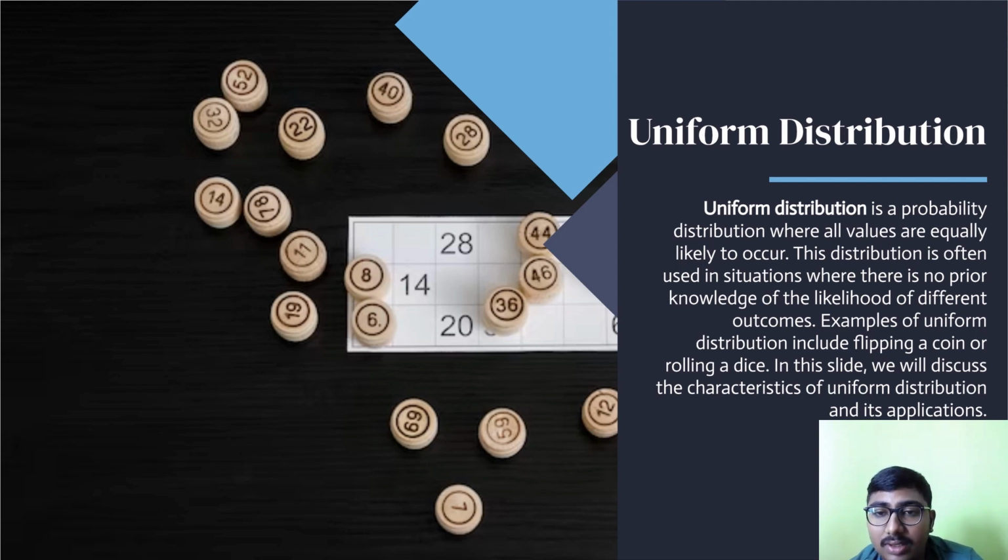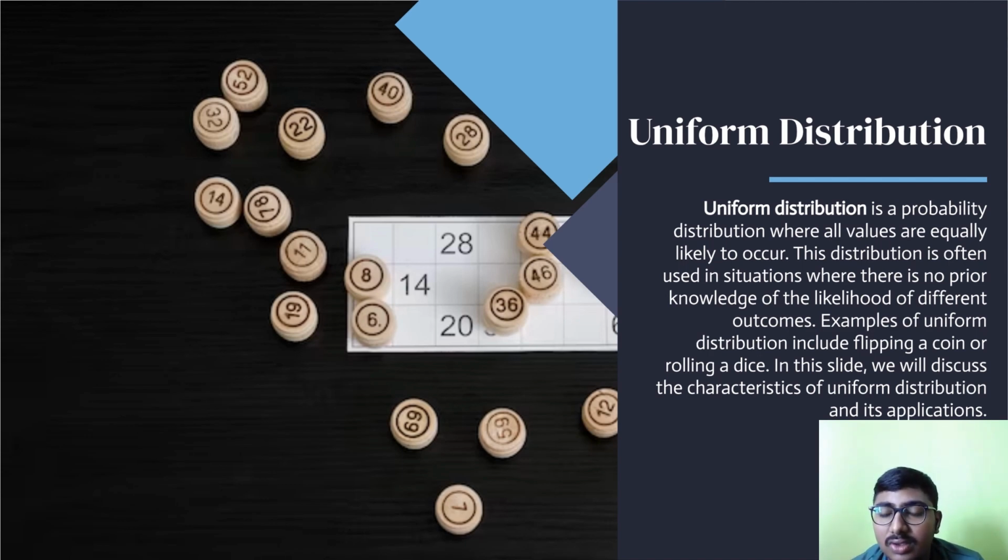The uniform distribution is often used in situations where there is no prior knowledge of the likelihood of the different outcomes. Let's understand the sentence. Why is the uniform distribution said to be like that?